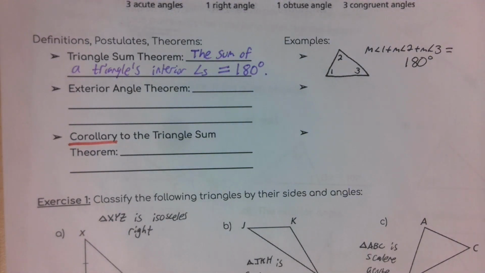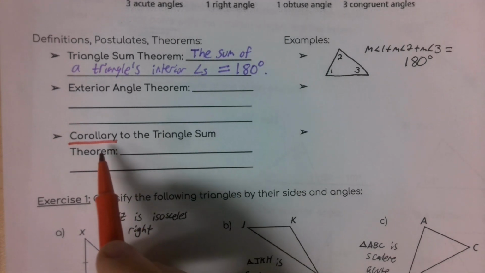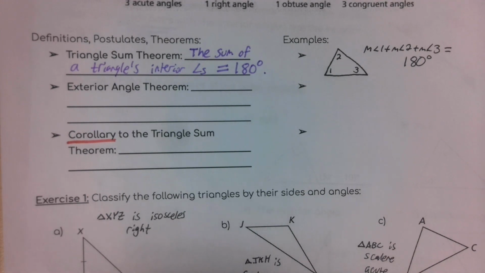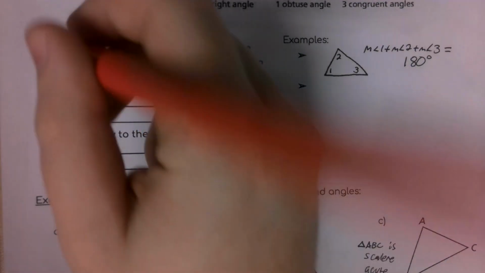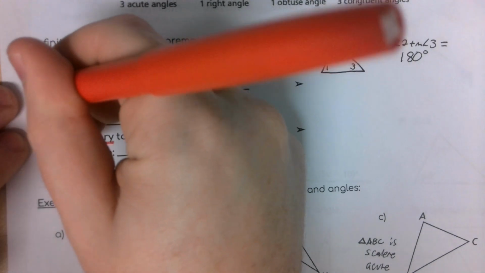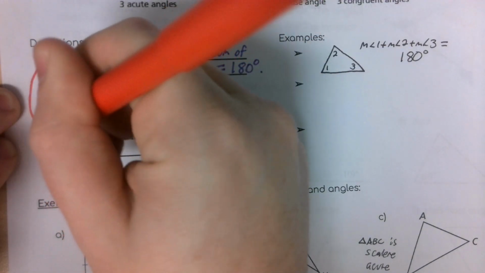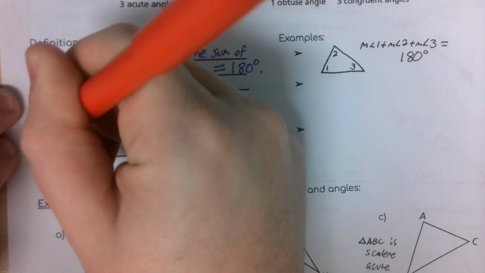A corollary is one of those words that's like theorem or postulate or anything like that. Corollary is just another word that talks about a logical definition that we can use in a proof. The difference with a corollary is that a corollary is based off of a different theorem. So when we say the corollary to the triangle sum theorem, it means that somebody looked at the triangle sum theorem and said, well, if that's true, then this second thing must also be true, and wrote their own theorem about it.